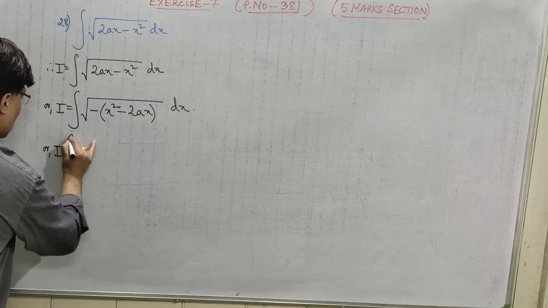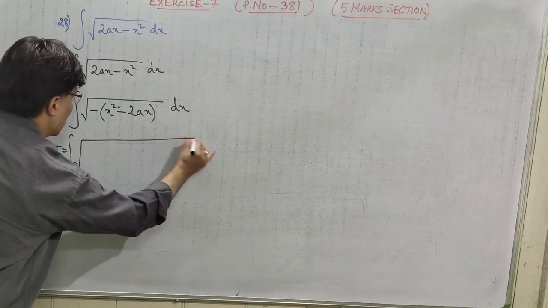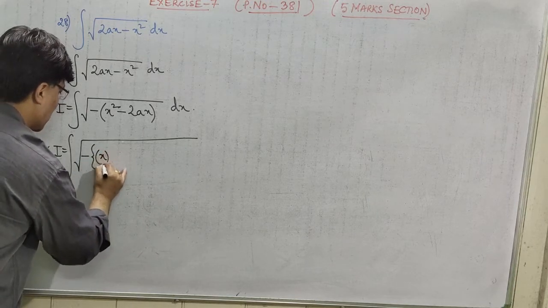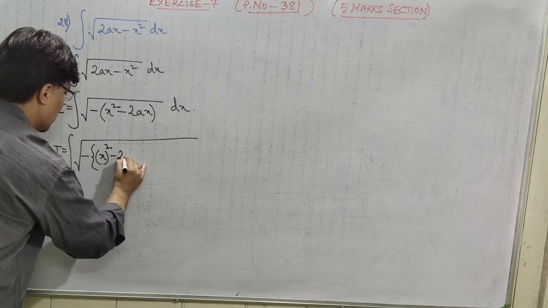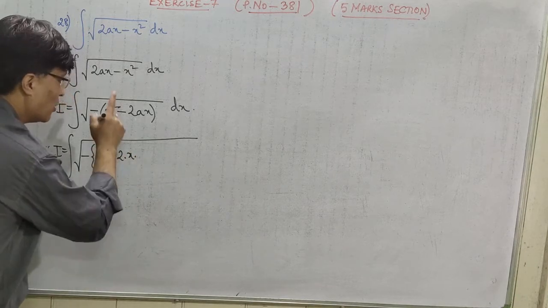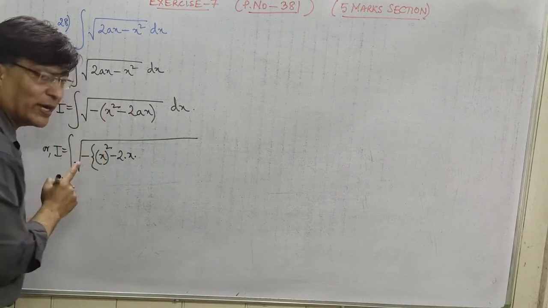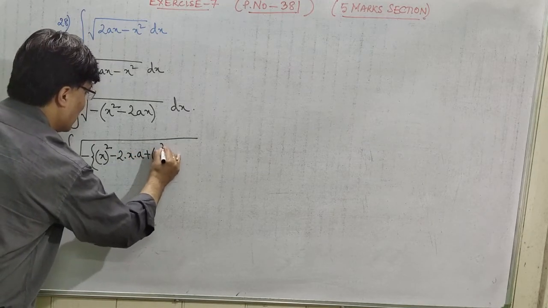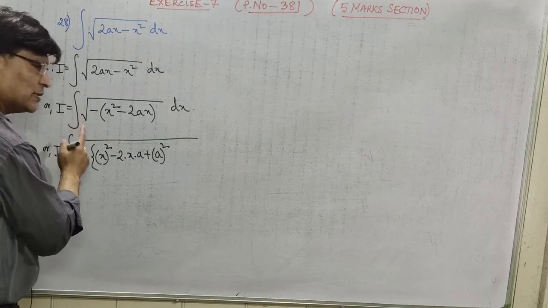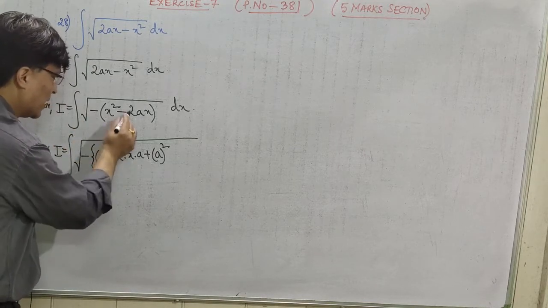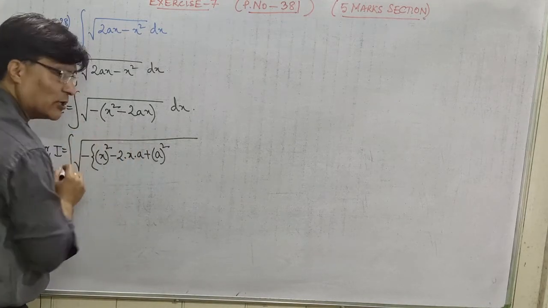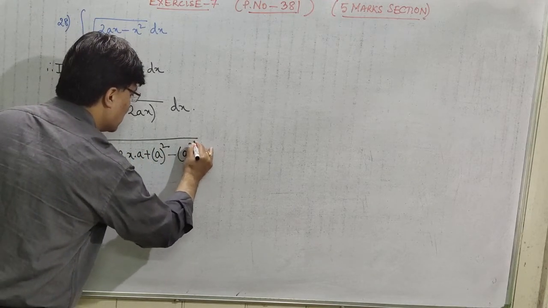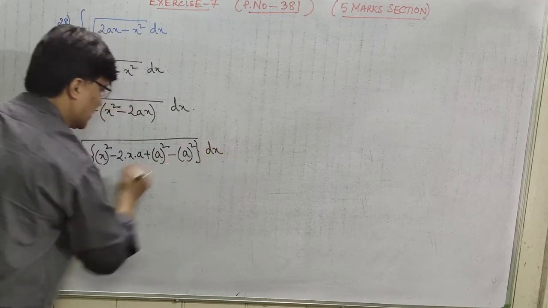So I is equal to integration of within square root minus within second bracket, what is a whole square? X whole square minus 2 into a is x into, what should be the value for b? So that it should be 2ax, it is a, plus what is b whole square? A whole square. But we are getting x square minus 2ax, that is okay, plus a square is also there, but is there a whole square? No, you should subtract it, minus a whole square, second bracket close, dx.